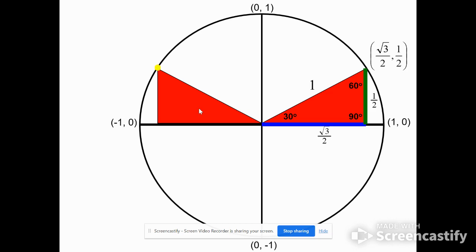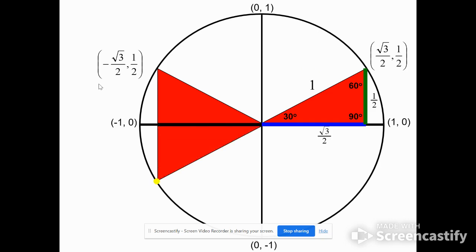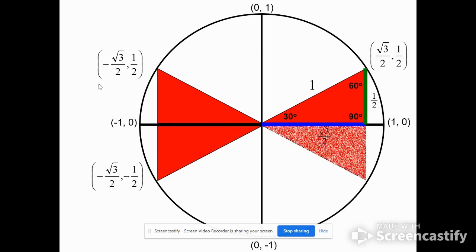The only difference in quadrant 2 is that while my y is still positive, my x is going to be negative. Now I can do the same thing in quadrant 3, but in quadrant 3, both x and y are negative. And I can do the same thing in quadrant 4, where now my x is positive, but my y is still negative.